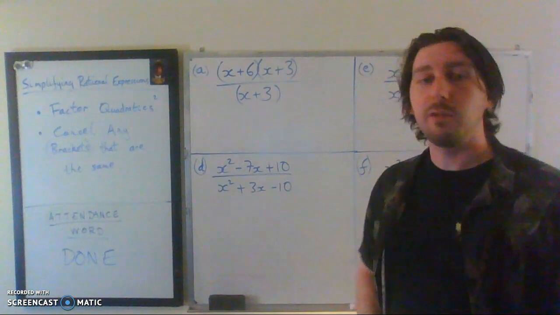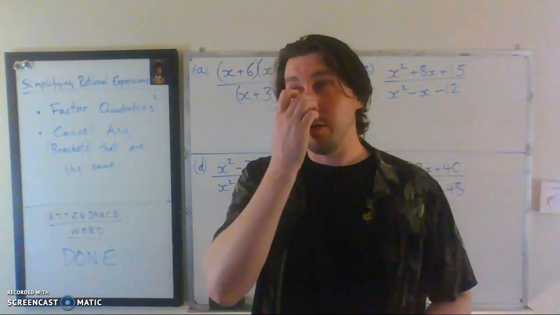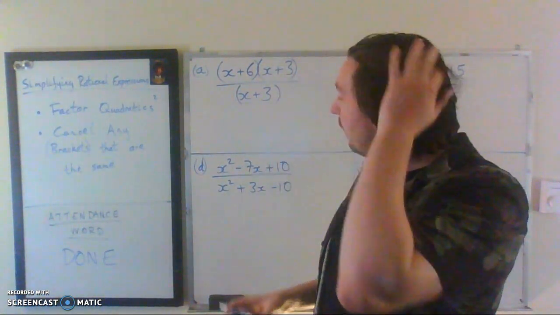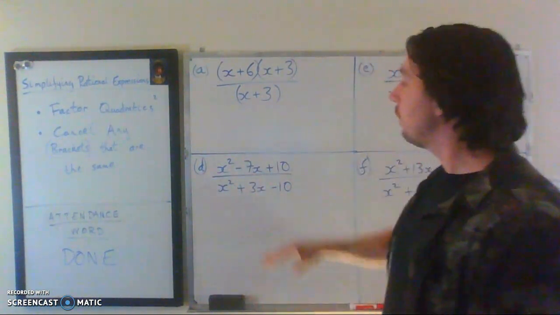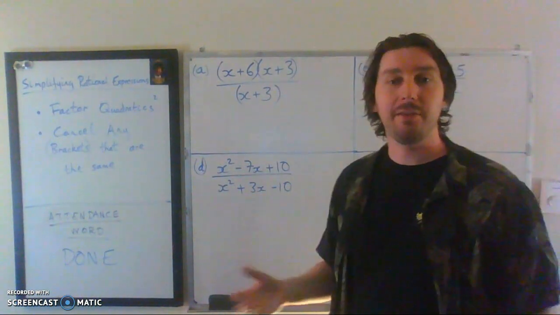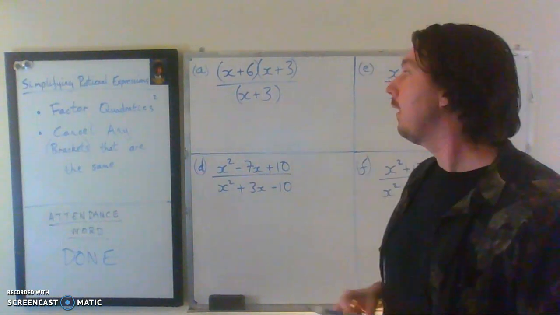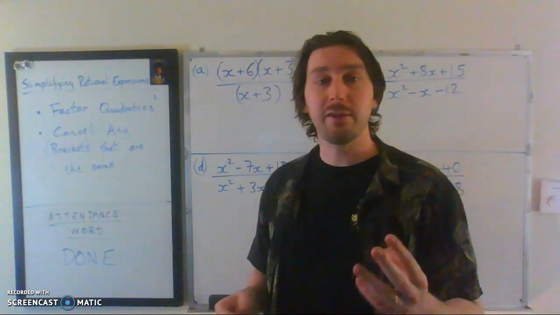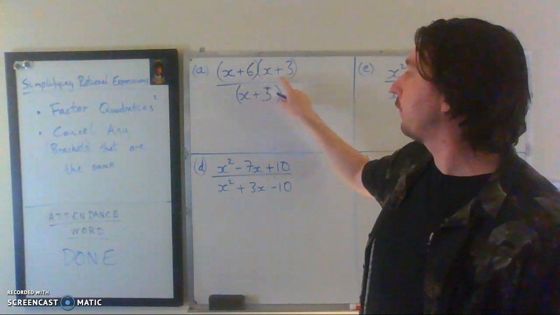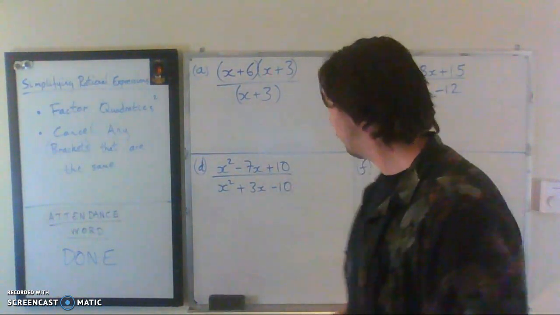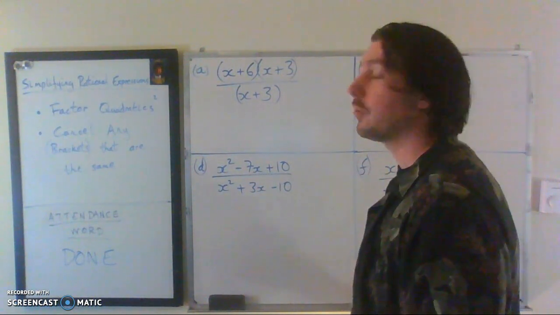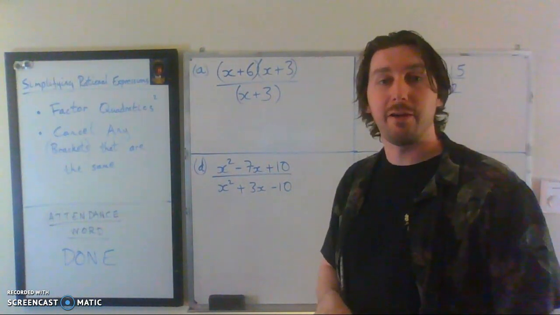And what we're going to do is something which we did a little bit ago, which was when you factor these into double brackets, and then when you've got them like this, you can then cancel some of those brackets. So let me show you. The first 3 questions, they've already got it in the brackets for you like this. All it wants you to do is recognize that when you've got this situation, you can cancel out the brackets that are the same.